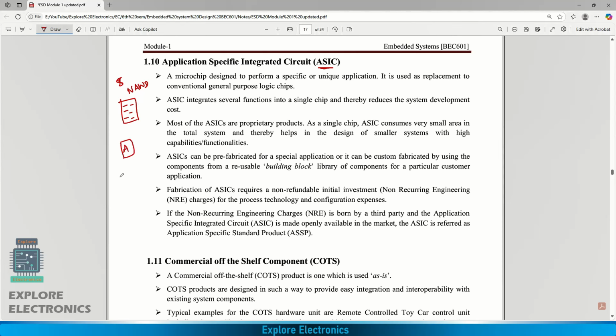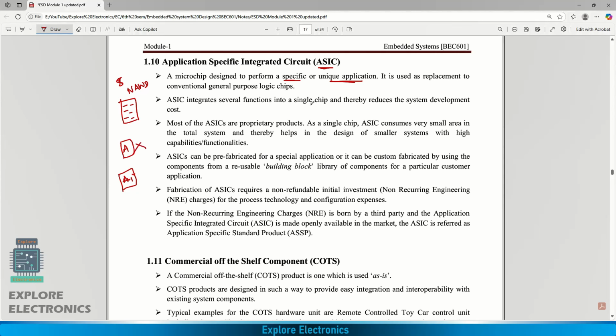It will do only that. There will be another IC operating as an amplifier. It will do only that performance. Then we call it an application specific integrated circuit. It will do a unique or specific operation. We cannot reprogram it.